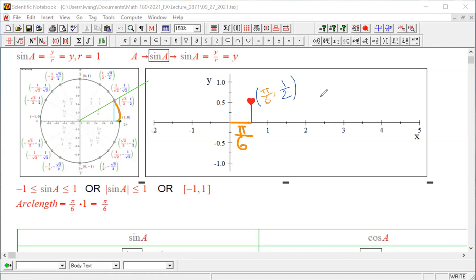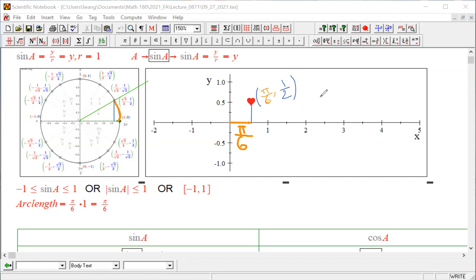Okay, but we don't make that distinction because that distinction is almost omissible. Do you guys see that connection? If you do this for every point, including those angles measured clockwise, you will get that sine curve.